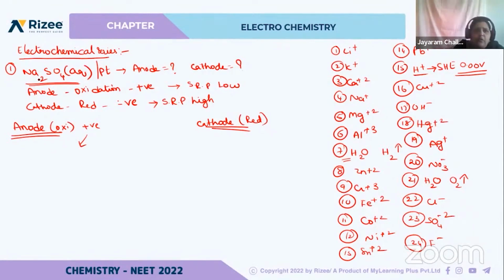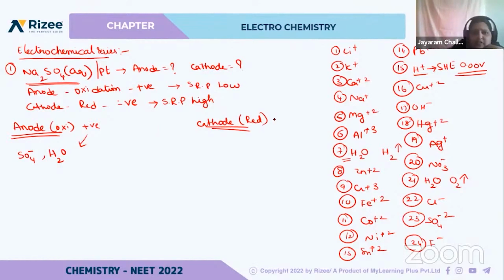In the Na2SO4, what is the negative species? SO4 minus. And as we are using aqueous solution, water will also go, as water has the tendency to oxidize as well as reduce.